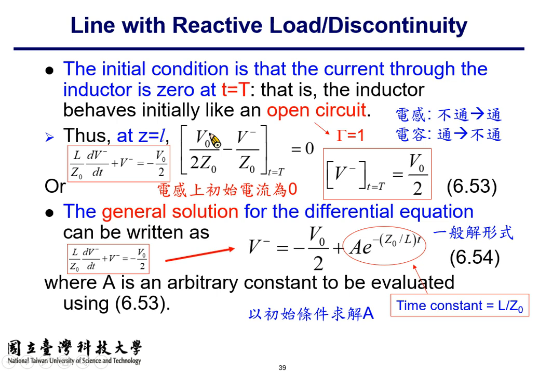All right, so at t equal to capital T, the inductor behaves like an open circuit. So what happens if you have an open circuit termination?